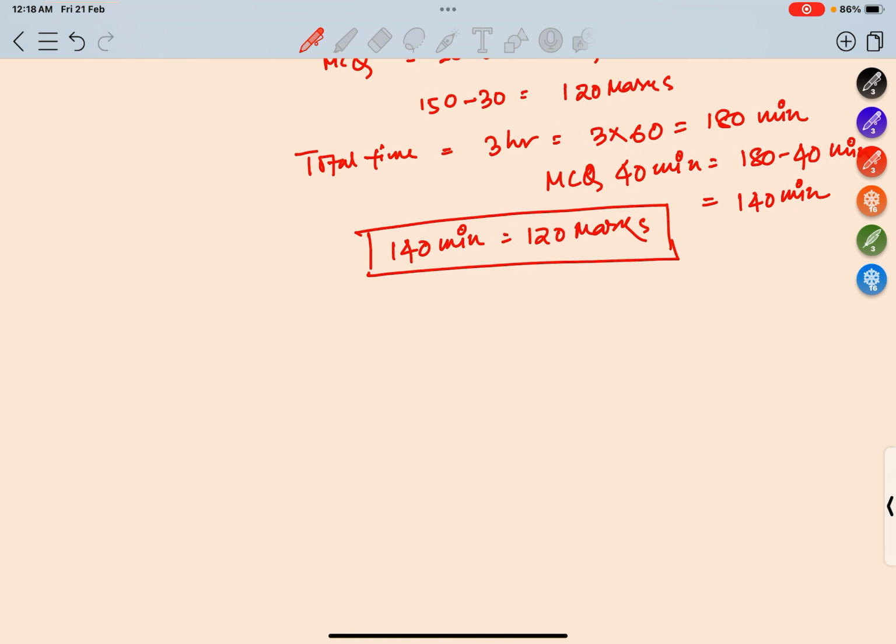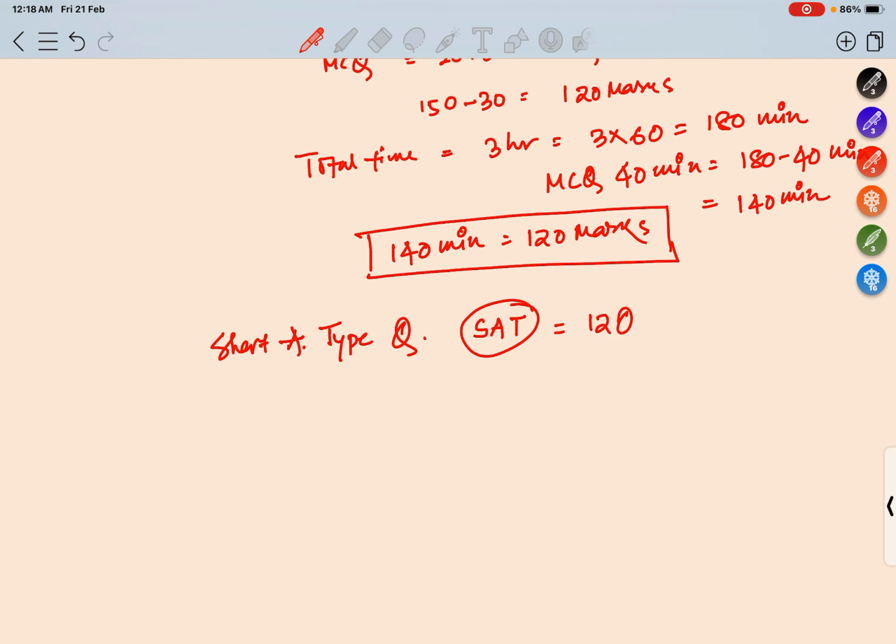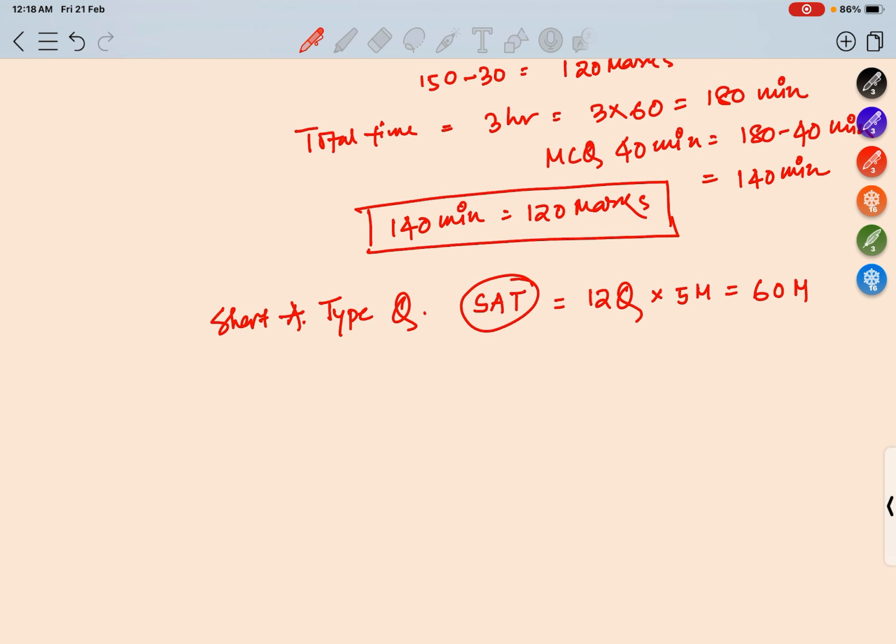Understand this. Now they ask short answer type questions. In short answer type questions, they ask a total of 12 questions, each of 5 marks. So in total how many marks? 60 marks.